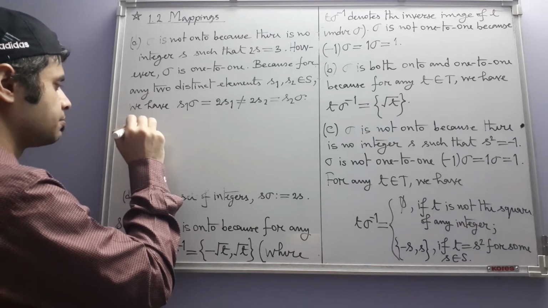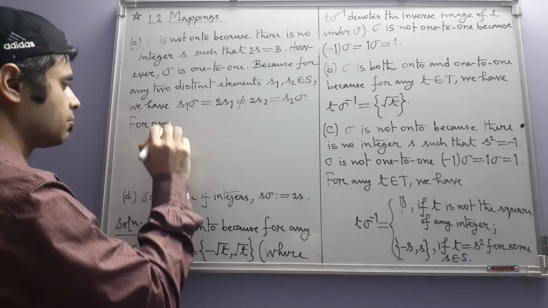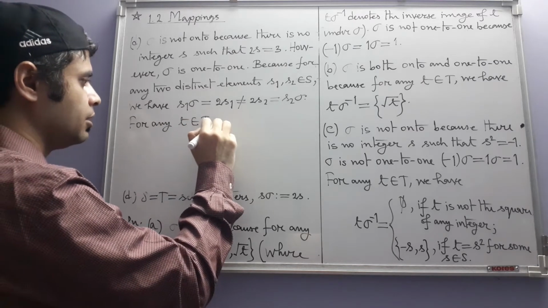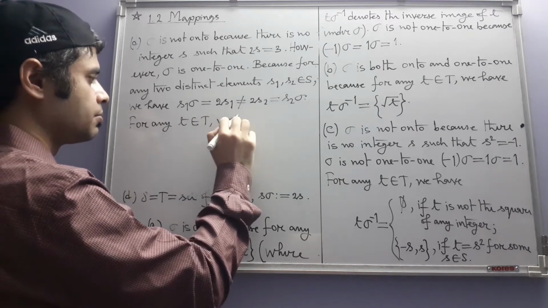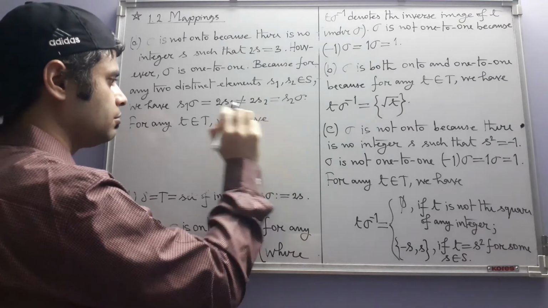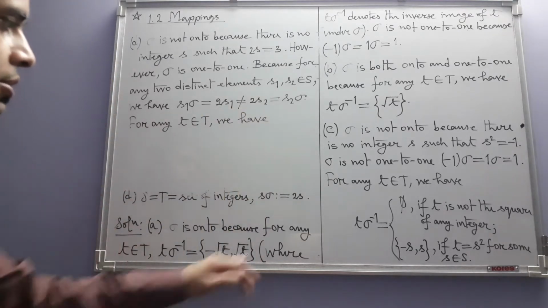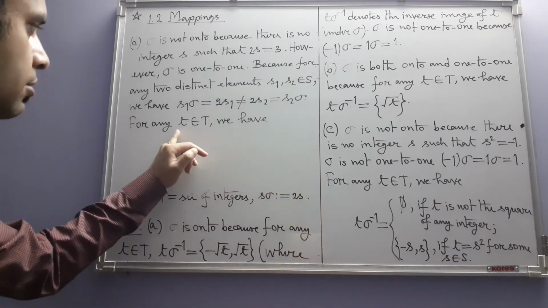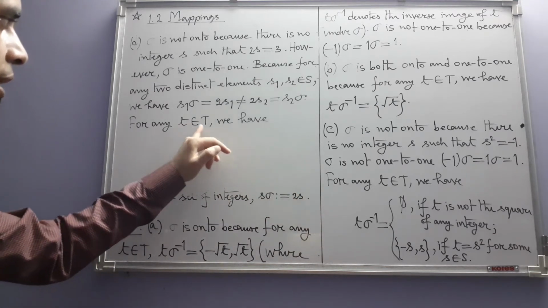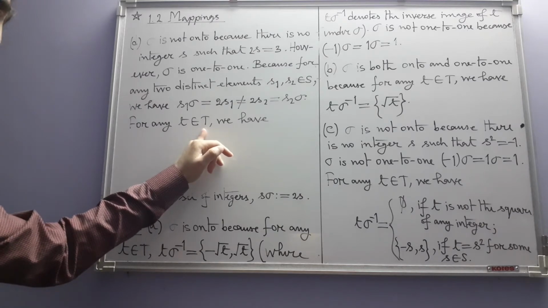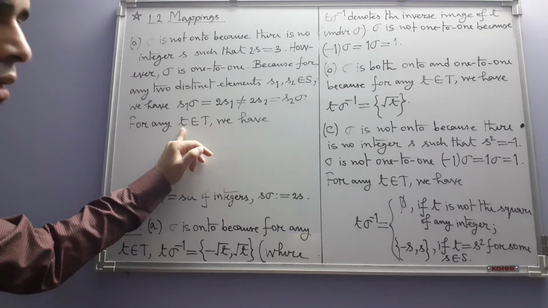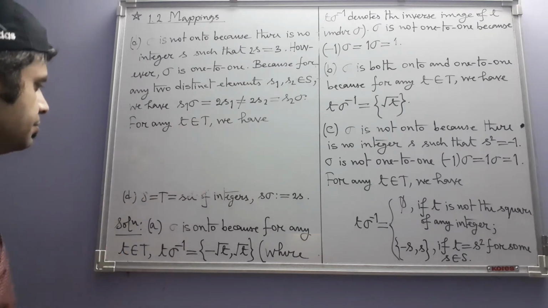For any t belonging to T, since images consist of all even integers, the inverse image of some element will be non-empty if that element is an even integer, otherwise it will be empty.